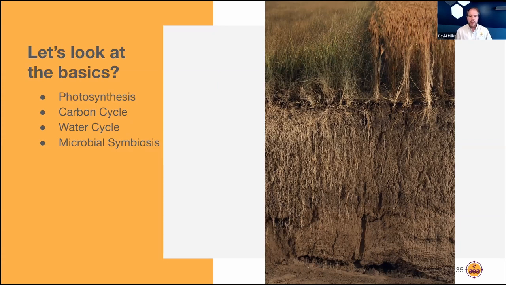So let's talk about the carbon cycle now. The carbon then, which is built by the photosynthetic process, is transferred from the plant leaf into the fruit or into the roots.